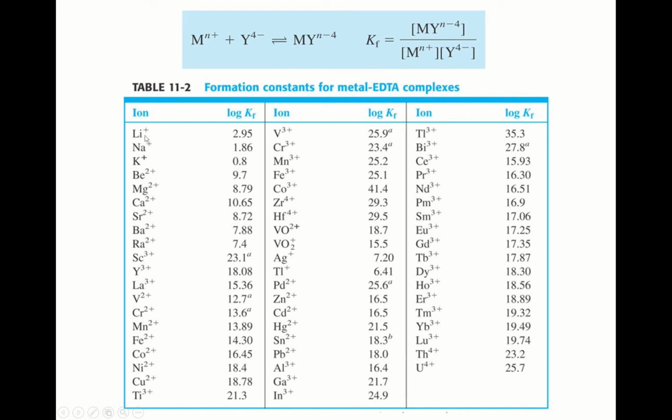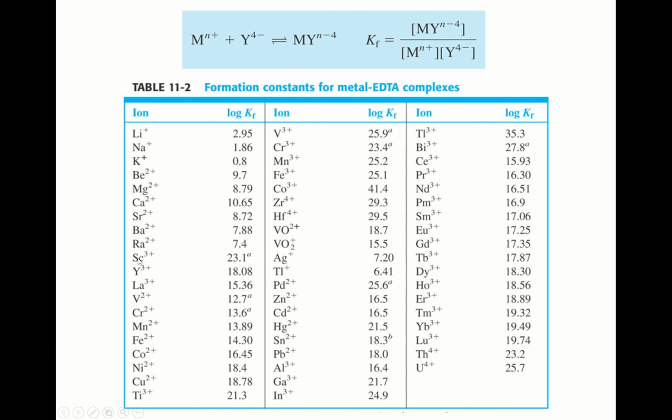But when the charge increases, like divalent beryllium, magnesium 2 plus, calcium 2 plus, look at that, the formation constant suddenly increases to more than 10. For strontium ion, Kf is 10 to the 8.72.